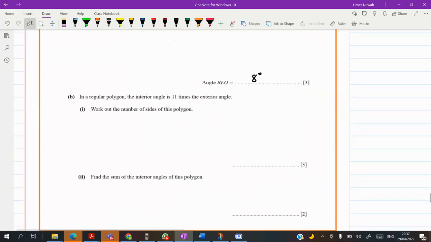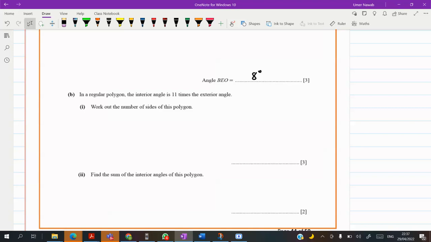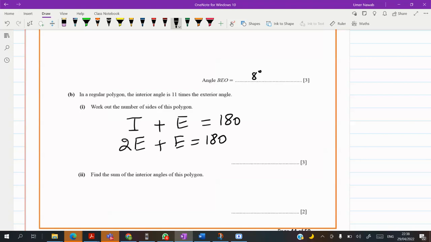In a regular polygon, the interior angle is 2 times the exterior. Everyone remembers interior plus exterior is equal to 180. So 2e plus e is equal to 180, so e is equal to 180 divided by 3, which gives you 60 degrees.